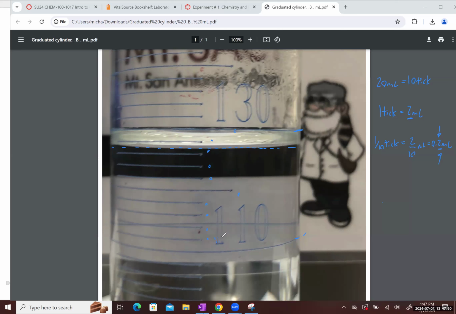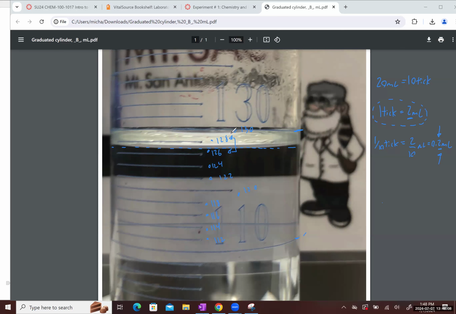So this would be 112, 114, 116, 118, 120, 122, 124, 126, 128, 130. So we're between 126 and 128 milliliters. This is why we do the analysis of the graduated marks, to make sure we know how much each of these little graduated marks actually represents.